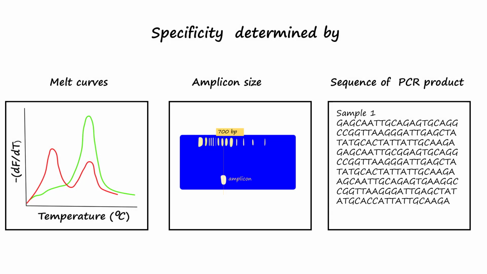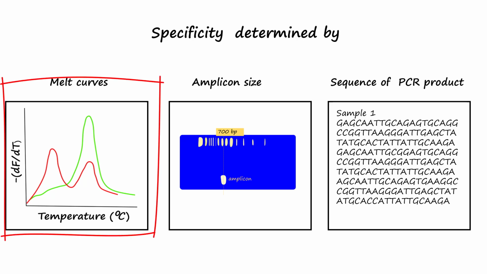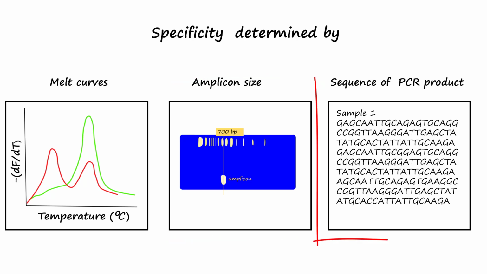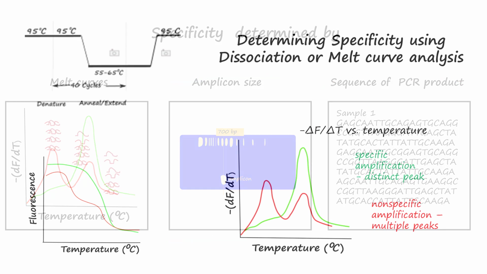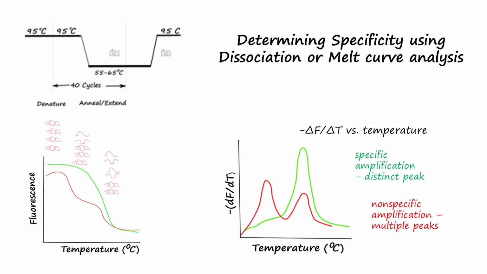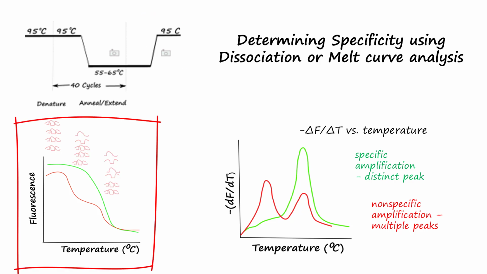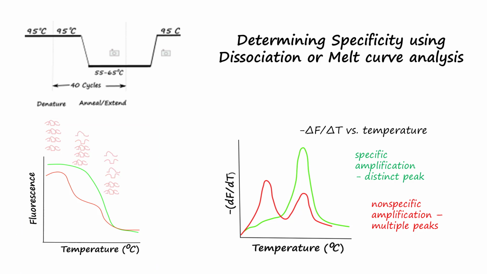Specificity refers to whether the fluorescent measurement is only from the gene of interest and can be determined by using the dissociation or melt curve, amplicon size, and the sequence of a PCR product. In melt curve analysis, temperature is gradually increased, so DNA melts or denatures and fluorescence decreases.